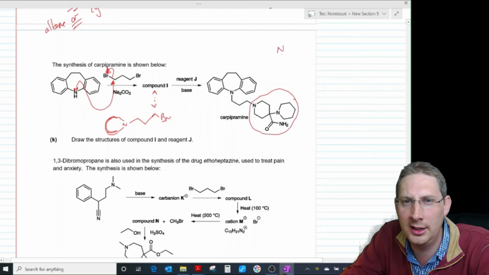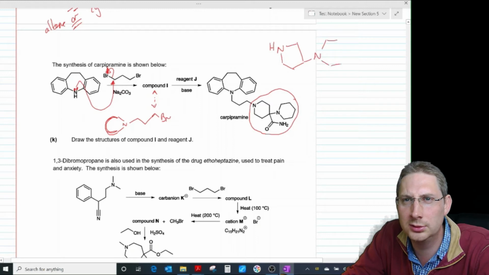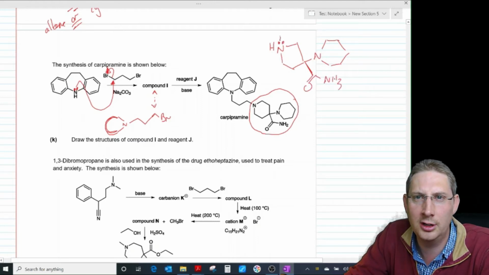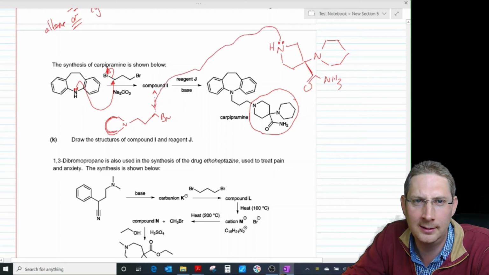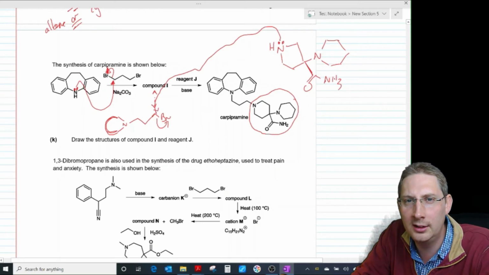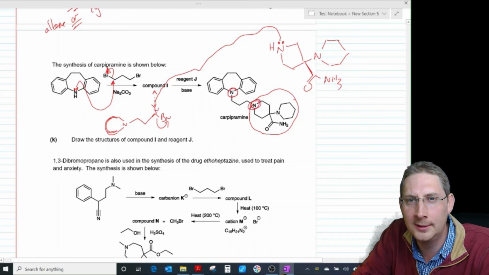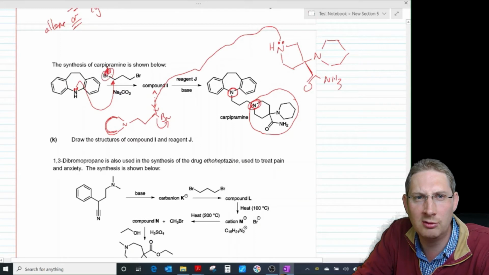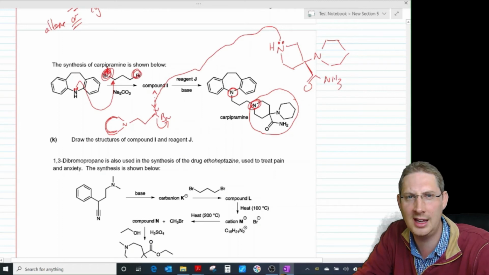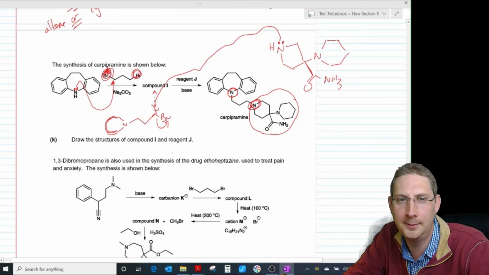So something like nitrogen, NH, nitrogen, 1, 2, 3, 4, 5, 6. And then that can obviously attack in to the other side and kick out the other bromine there. And that's how you join these two nitrogens, where the bromines were originally. So we've just linked this nitrogen and this nitrogen together via that 3-carbon chain.